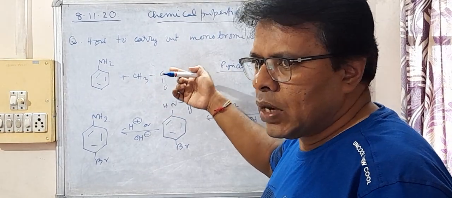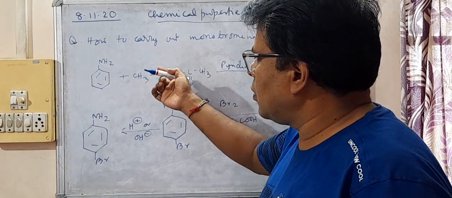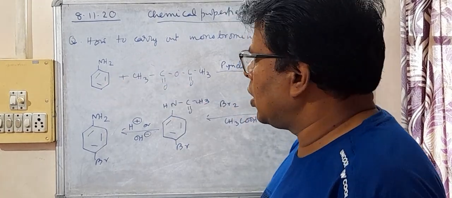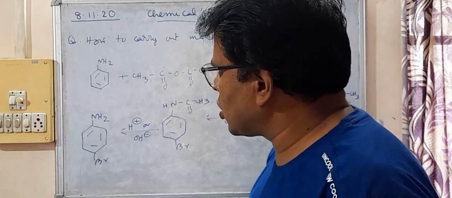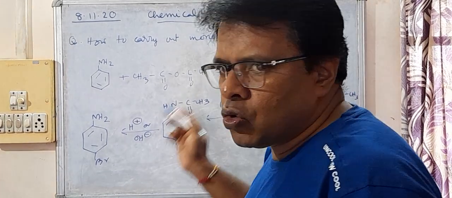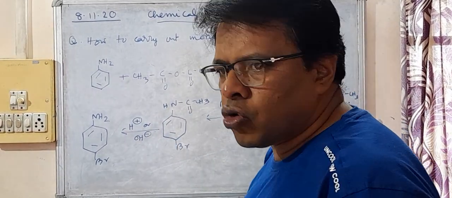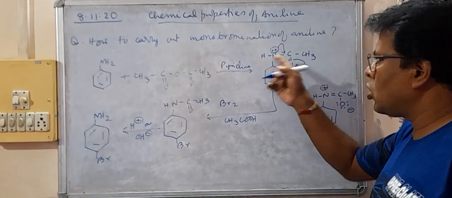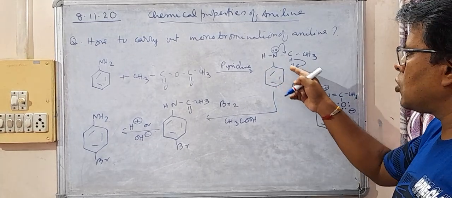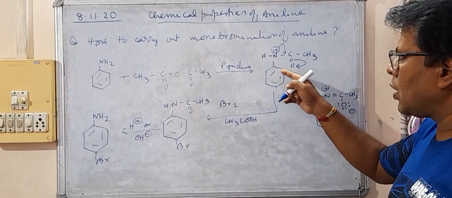If we do not do acylation and if we carry out bromination, then bromine will come at 3 positions and tri-substitution will take place. In order to do monobromination, we have to do acylation first, because on doing acylation, the ring is not so much activated now.